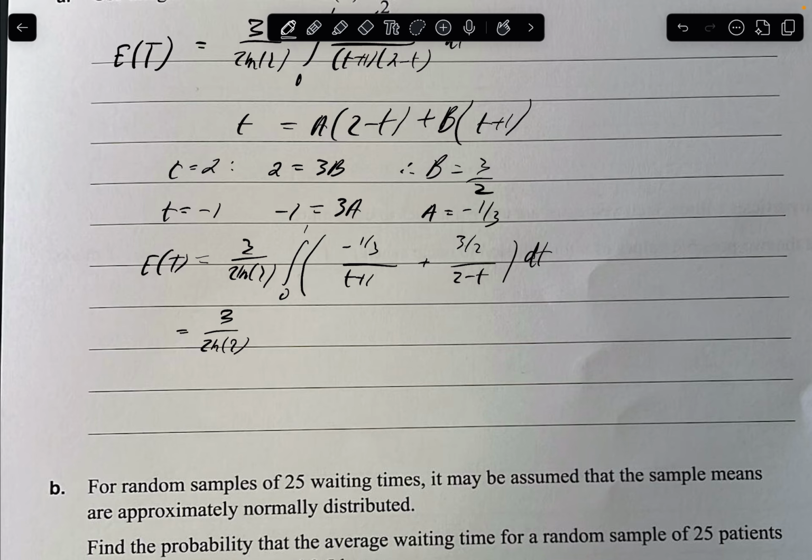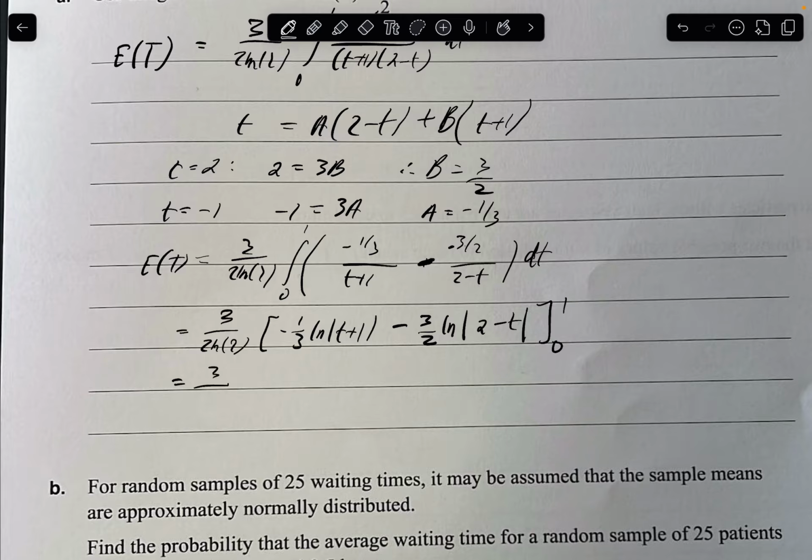What do we have? So this one will be -1/3 ln (t plus 1). And then this one, you need a negative on the top and a negative on the outside. So it'll be minus, and then the 2/3 can come out. So minus 2/3 ln absolute value of 2 minus t from 0 to 1.